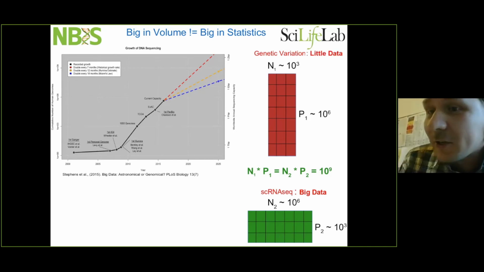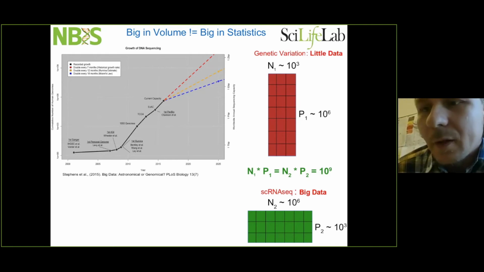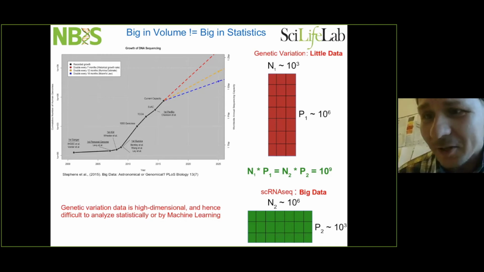And genetic variation is unfortunately little data because you can't use robust statistics without ending up with these divergences and the curse of dimensionality problem. So I hope I delivered my message that genetic variation data is high dimensional. This is important to realize and be careful.